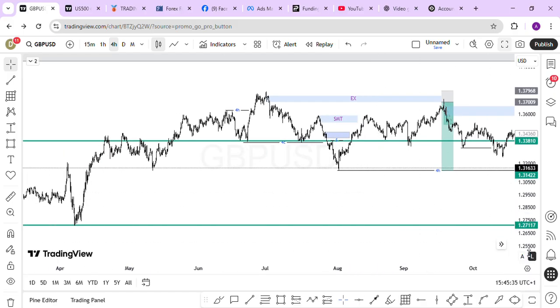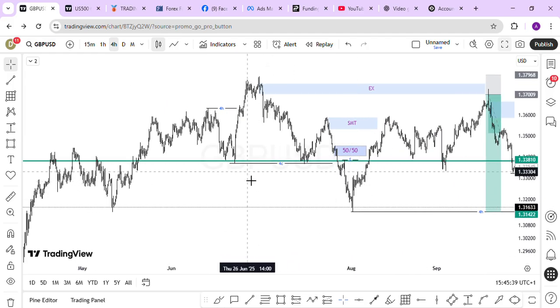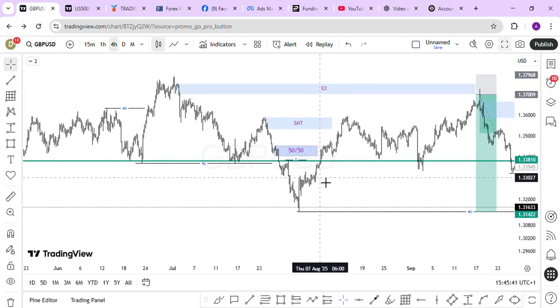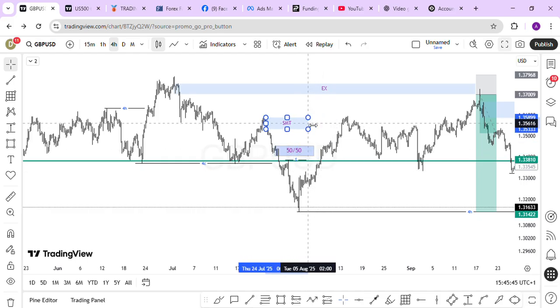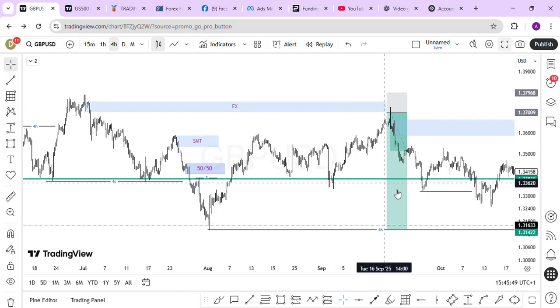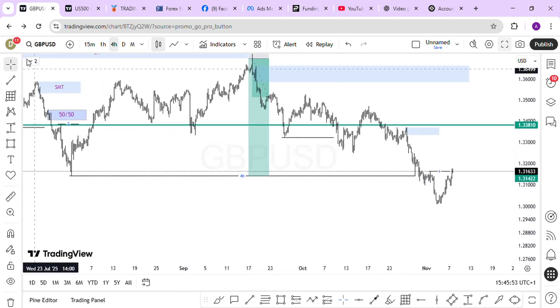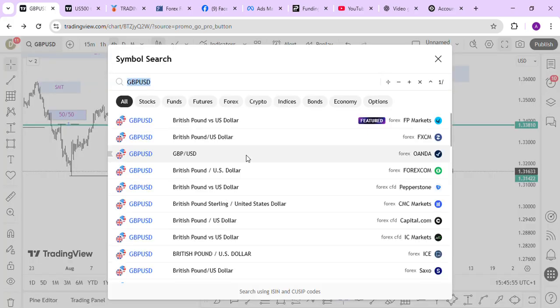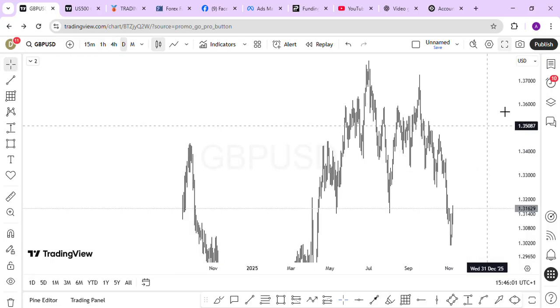I think I dropped the video sometime last week or this week, because 4 hours has confirmed change of character, and I was able to identify my decisional smart money trap, and I executed my trade from this angle. I've been holding this position since then. As a swing trader, I don't care how long the market will take, I'll still hold it as long as my directional bias is correct.